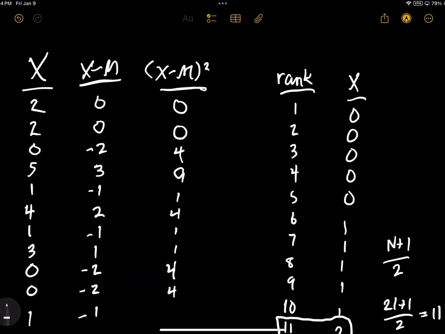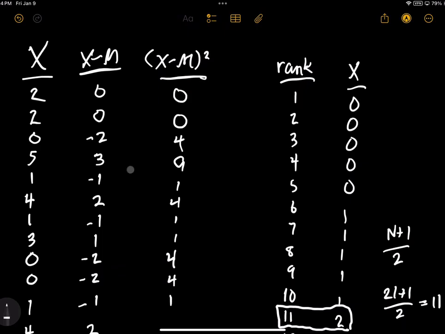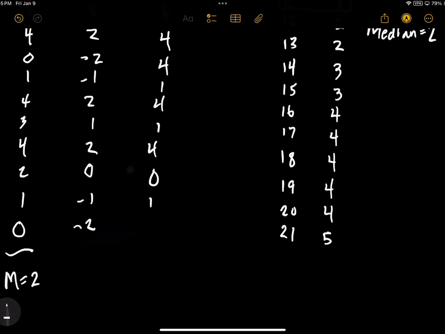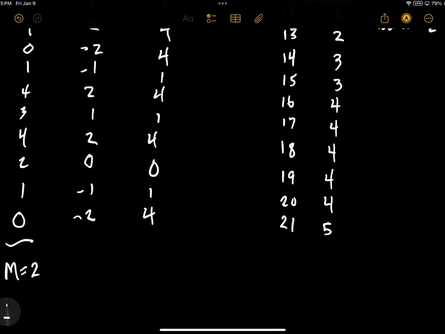Another 4, 1, and then 4. That is not supposed to be a 0.4, that is just a 4. 4, 4, 1, 4, 1, 4, 0, 1, and 4.